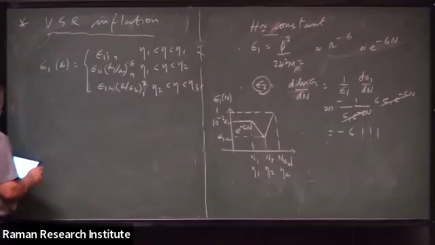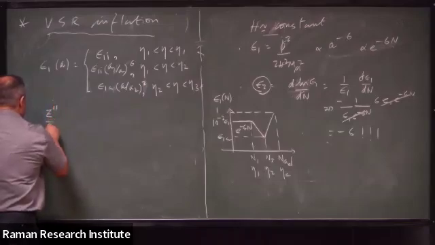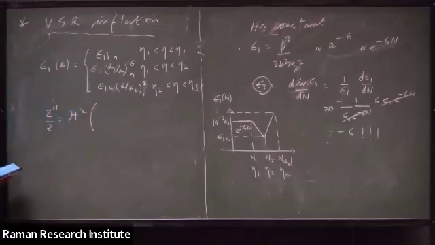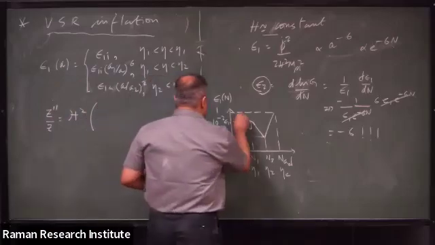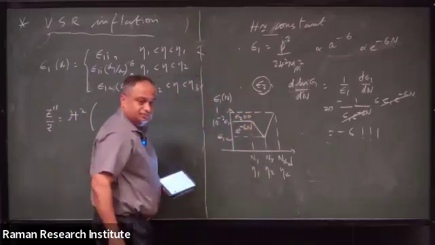The best way of showing this is the following. Recall, we had written this expression z double prime by z as H squared times various quantities. Now here, I can assume epsilon 2 to be 0.